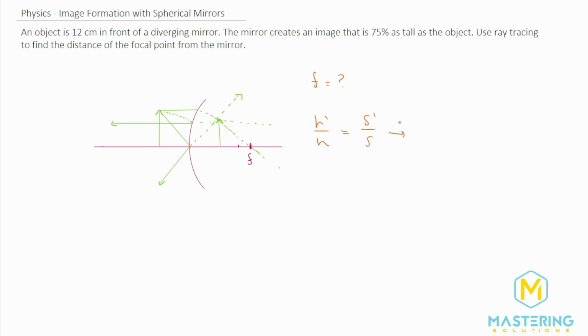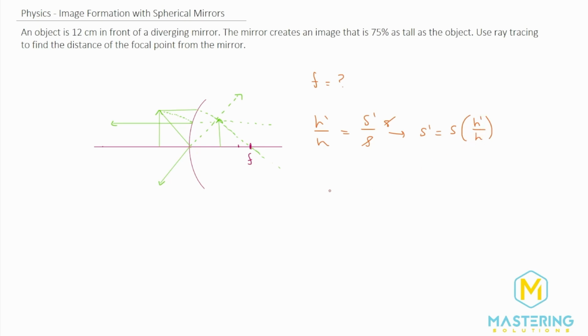So if we multiply both sides by s, then we get s prime is equal to the object distance times the ratio of the image and object heights. And so now it doesn't really matter how tall the first one is, right? We just know that whatever the height is, this has to be 0.75 times that.